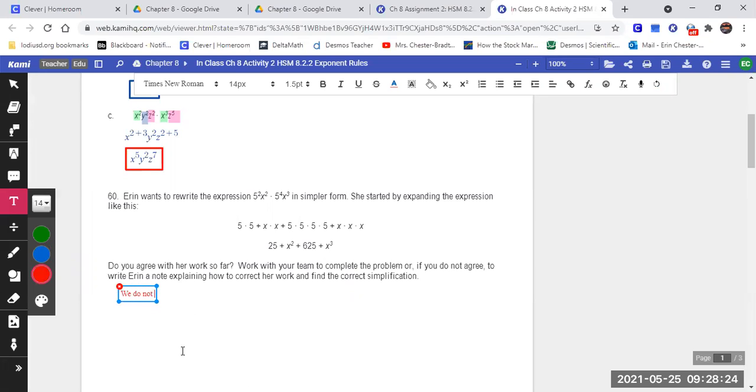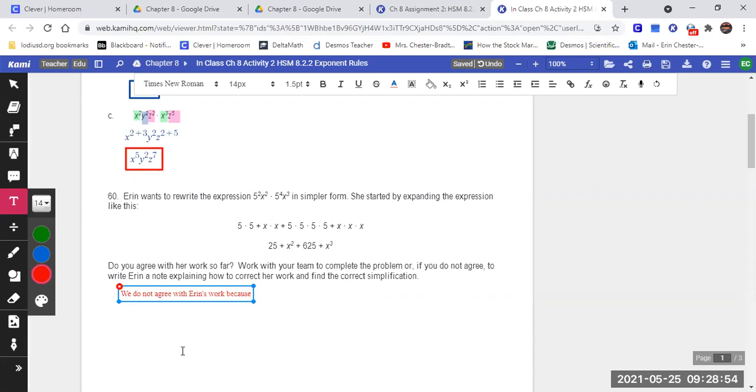We do not agree with Erin's work because I don't think she multiplied the base. Remember, she was writing an expanded form, which is where we started yesterday, right? And we look at her original problem and then how she expanded it.